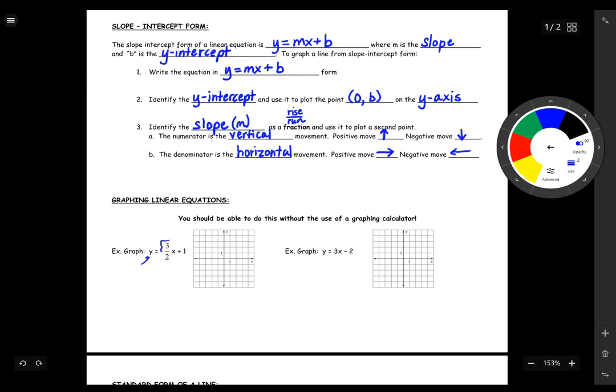So I'm just going to box it in just to show you. This is our slope. You should label this in your notes. The slope is not negative 3 over 2 times x, it's just negative 3 over 2.